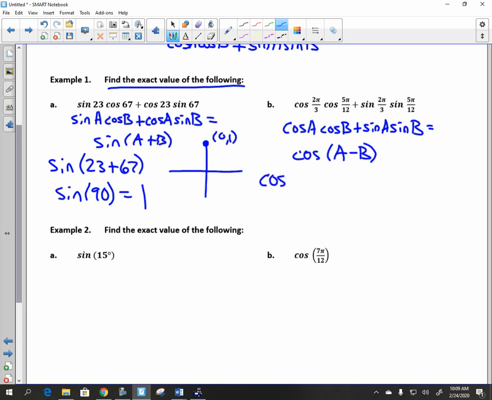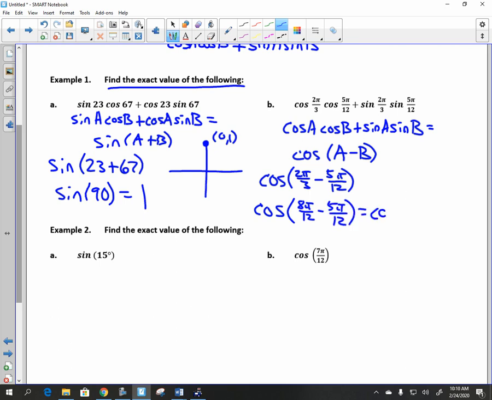So I have the cosine of, what is angle A? 2 pi over 3 minus 5 pi over 12. I'm going to subtract those, and as I subtract them, I'm going to find common denominators. So it's the cosine of 2 pi over 3 can be rewritten as 8 pi over 12 minus 5 pi over 12.